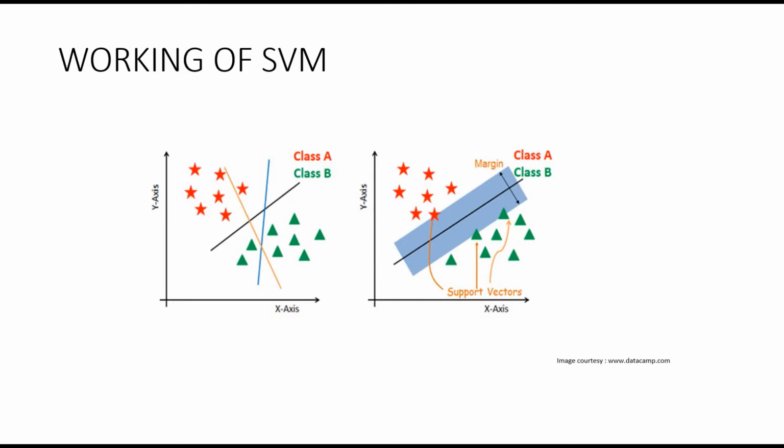Here the blue and orange have higher classification error, but the black is separating the two classes correctly. The second step, select the right hyperplane with the maximum segregation from the nearest data points, as shown in the right hand side figure. So we have selected the black hyperplane.